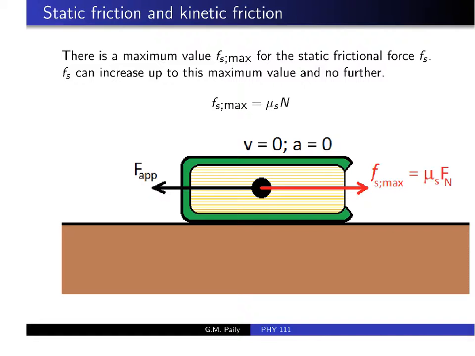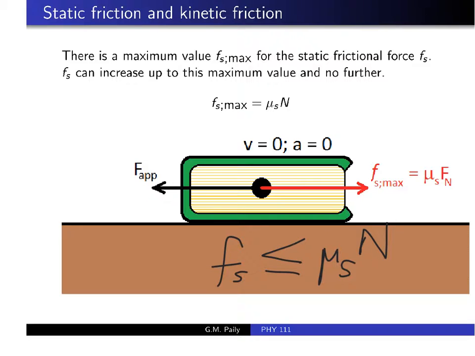So, the maximum static frictional force depends on mu s times n. The actual static frictional force could be anything from 0 to mu s times n. As a reminder of this, we sometimes write the equation as Fs is less than or equal to mu s times n.